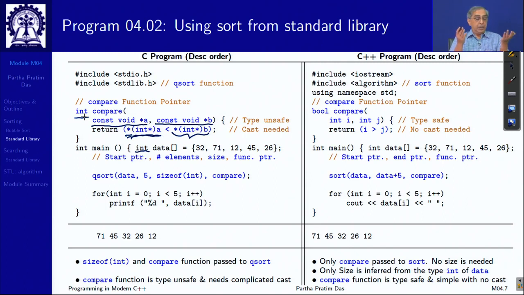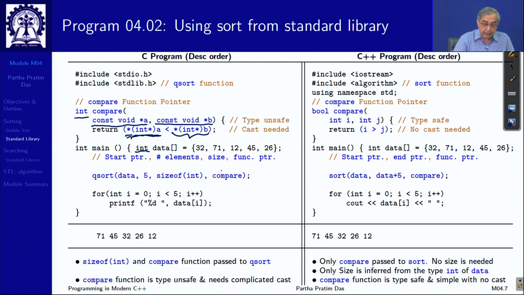So, the prototype of compare, that function pointer for compare, has return type int. So, it returns an integer value; for example, if A is less than B, it will return 1, if A is greater than B, it will return 0.